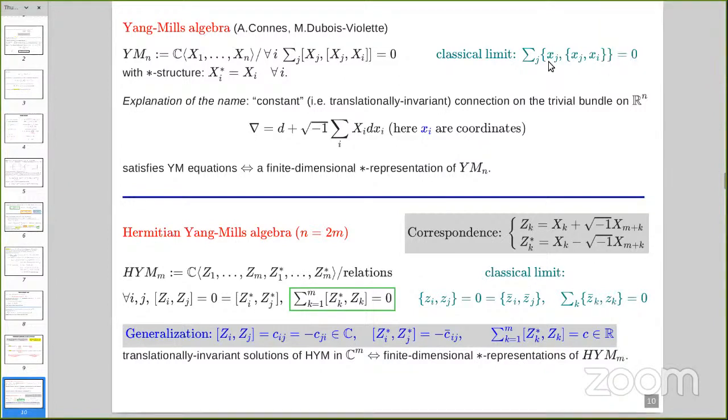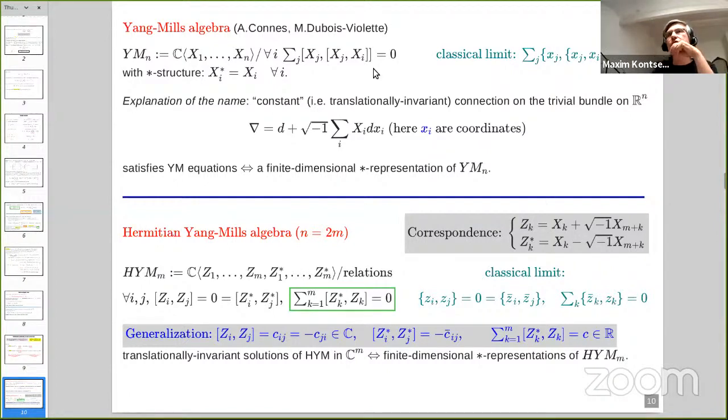We write this constant connection, and if you write the Yang-Mills equation, you don't have derivatives here, you get exactly this thing. It's a part of the Yang-Mills equation without derivatives. Maybe when you write a connection, you usually write a_i, not xi, these things. So you see that a finite dimensional representation of this Yang-Mills algebra is the same as a class of translation invariant solutions of the Yang-Mills equation.